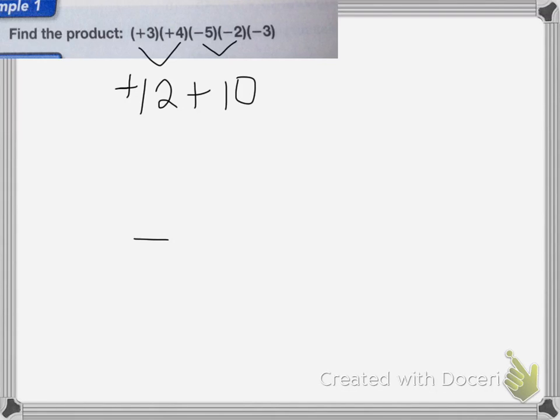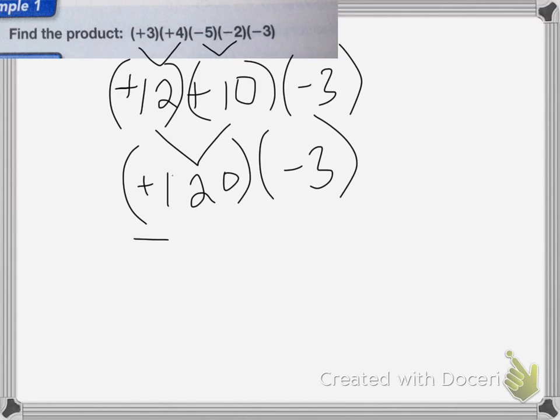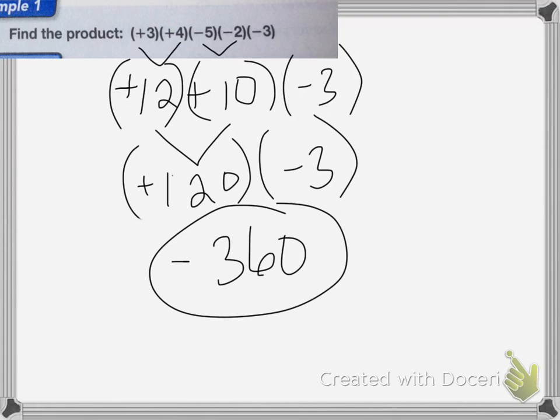And then I still have a negative 3. Multiply these two: 12 times 10 is equal to 120, positive. And I times that by a negative 3. So 120 times a negative 3 is equal to a negative 360.